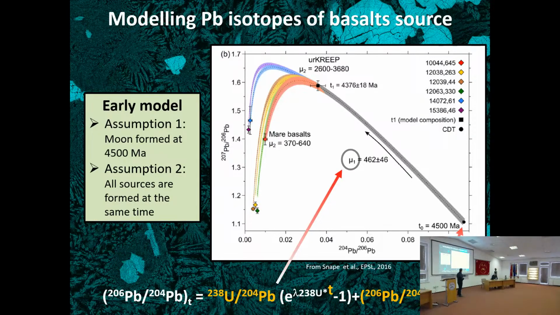This is an old model. When we built it, we made two assumptions. The first one is that the moon was formed at 4,500 million years. People do not agree about the formation of the moon at that time.